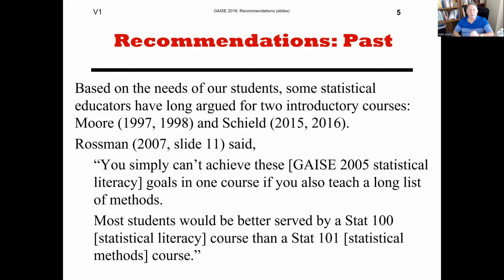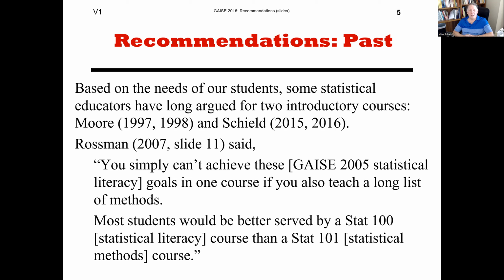Now, recommendations that have been made in the past. Statistical educators have argued for two introductory courses. David Moore argued this in 1997 and '98. I argued it most recently in 2015-16. Alan Rossman, 2007, in his plenary address to, I think it was ICOTS, said, quote, "You simply can't achieve these goals," the GAISE 2005 statistical literacy goals, "in one course if you also teach a long list of methods."